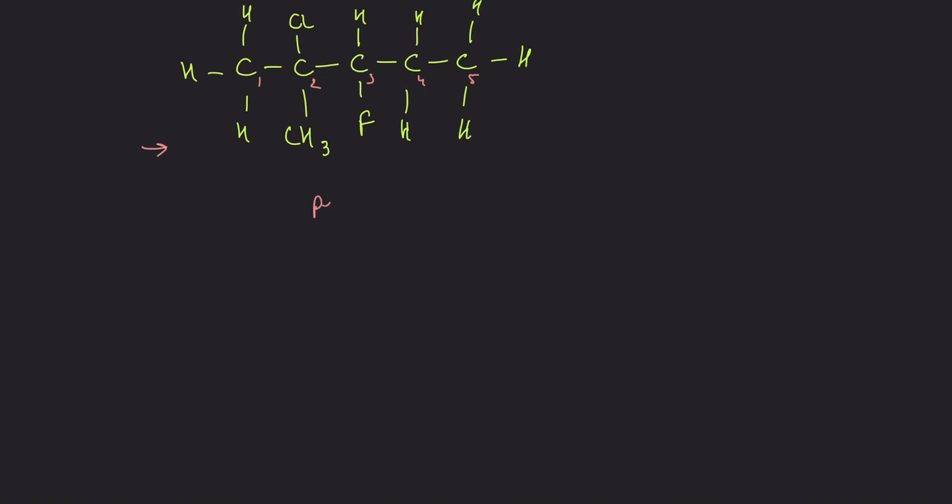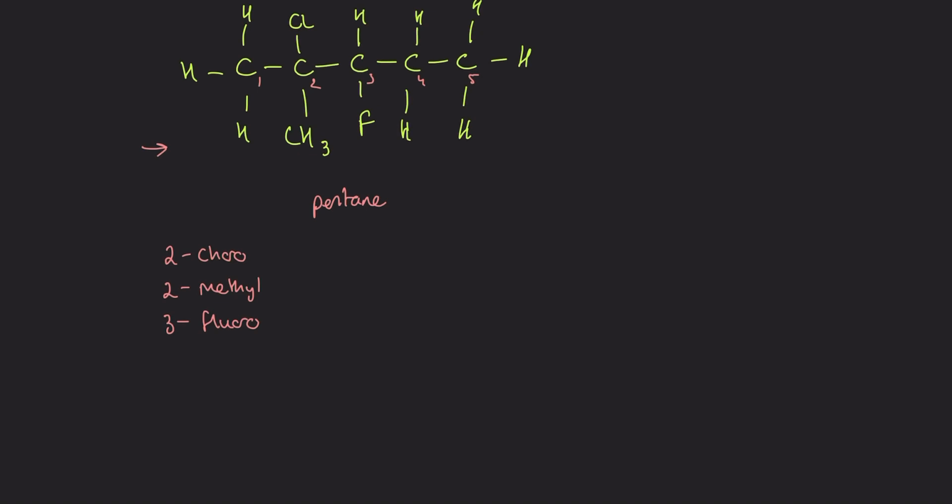So write in pentane. Now look at our side groups. We have a chlorine, 2 chloro. We also have a methyl group on 2. And then the next one is we have a fluoro on 3.